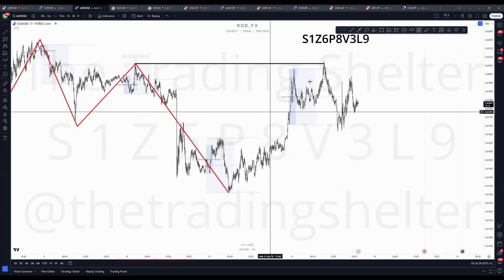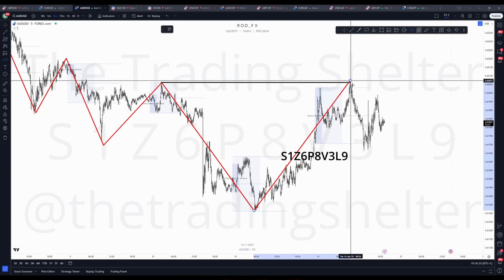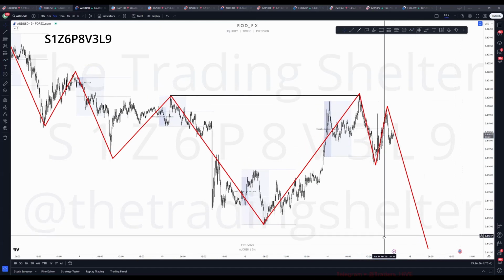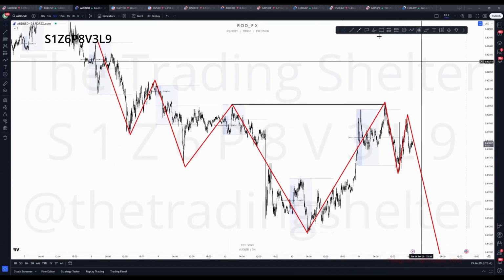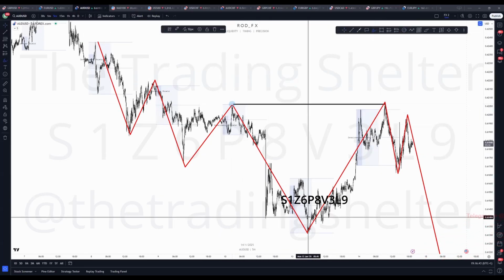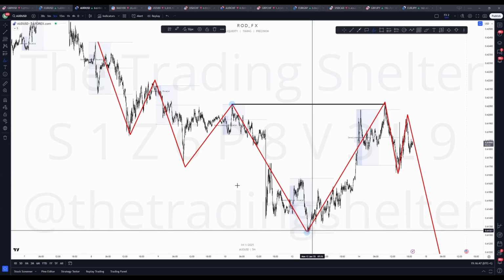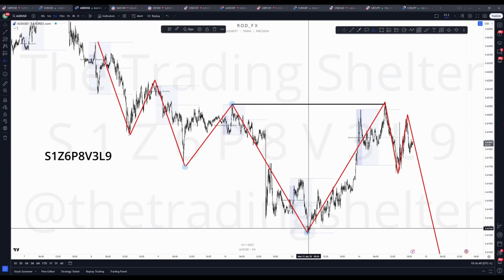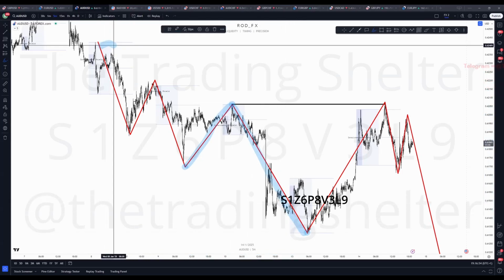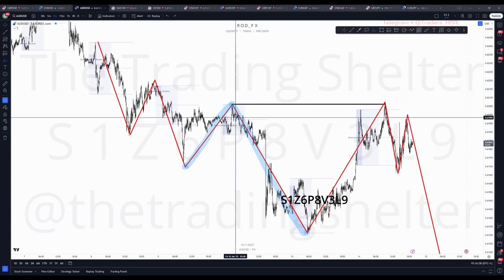And as you can see now, price does this here, now goes here. What happens if it does this? This means that this point here, let me put in the color again, this one here, and this one here, and this one here, sorry, becomes the internal leg of that overall structural leg.